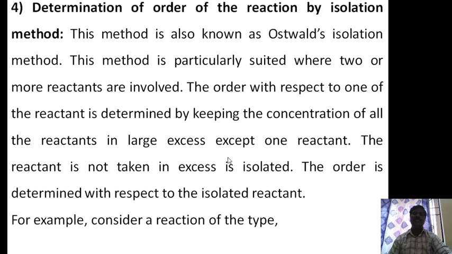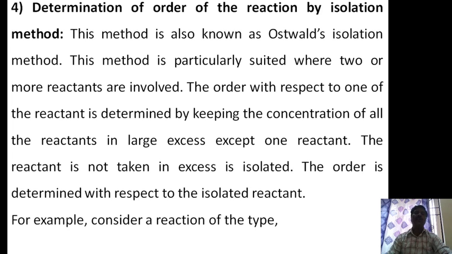Suppose A plus B plus C, more than two reactants, are involved. Then you take only one reactant in sufficient quantity and the other reactants in large excess. Due to the large excess, the concentration change in the reaction is negligible, like a pseudo unimolecular reaction.